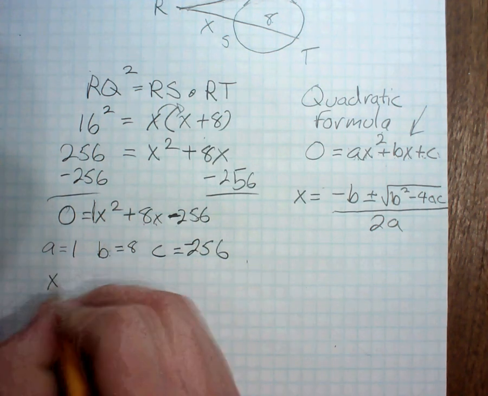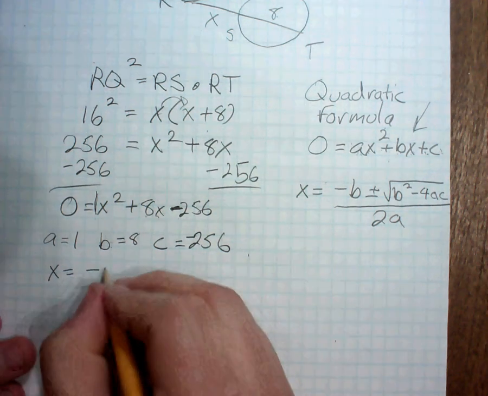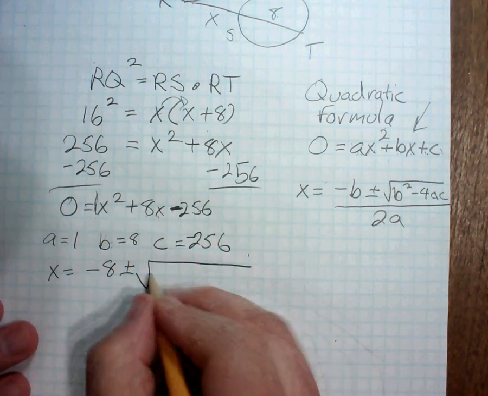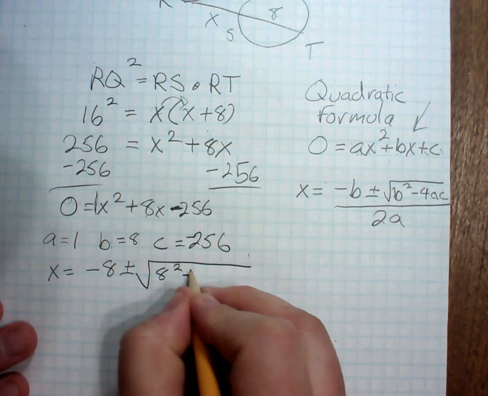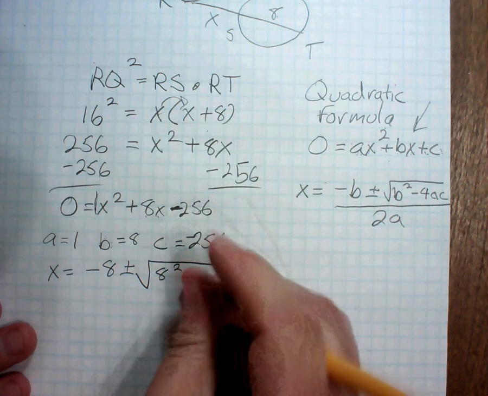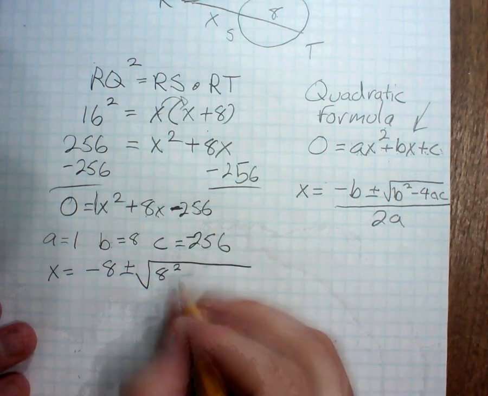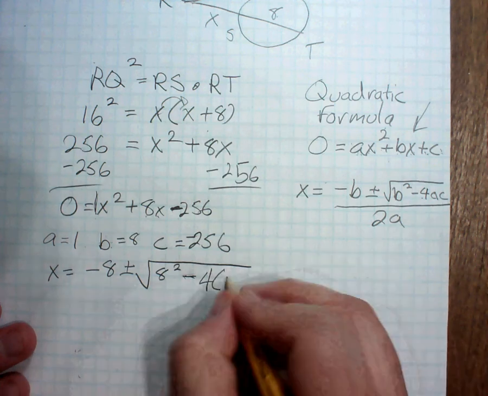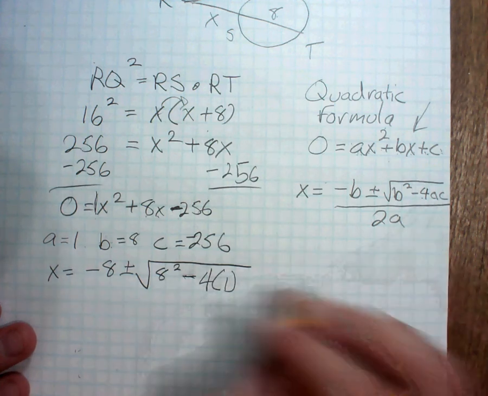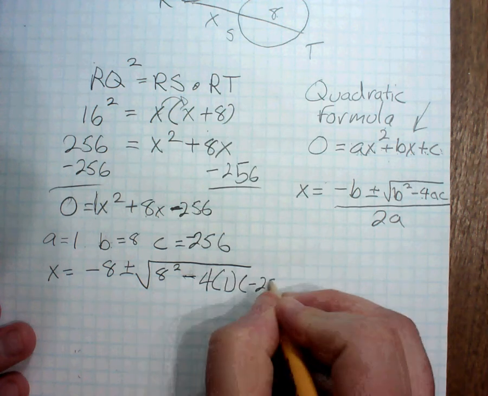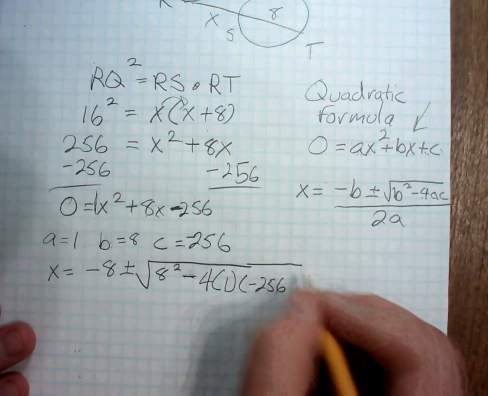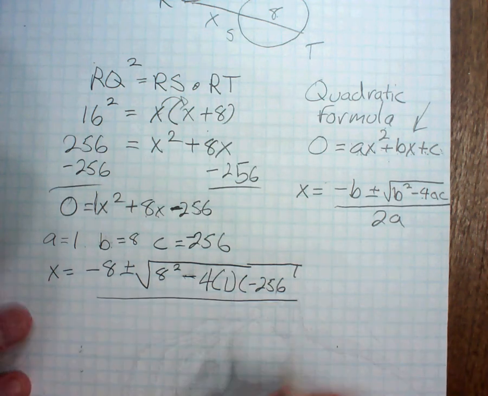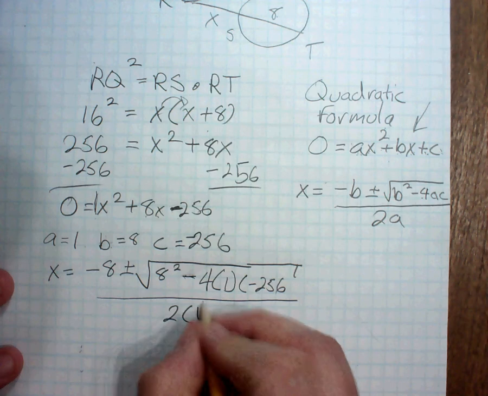So x then is equal to negative b, which is 8, plus or minus the square root of b squared, 8 squared, minus 4 times a, which is just 1, times c, which is negative 256, all over 2 times 1.